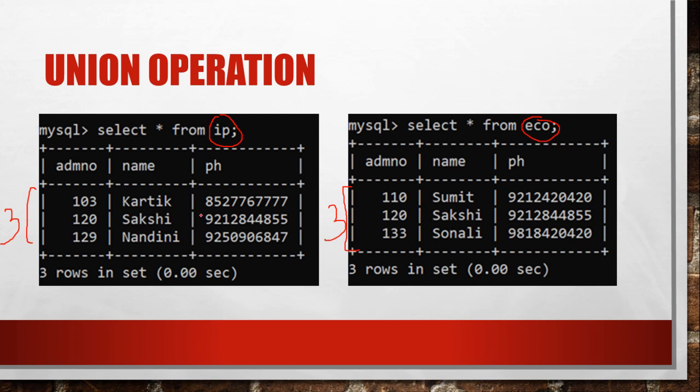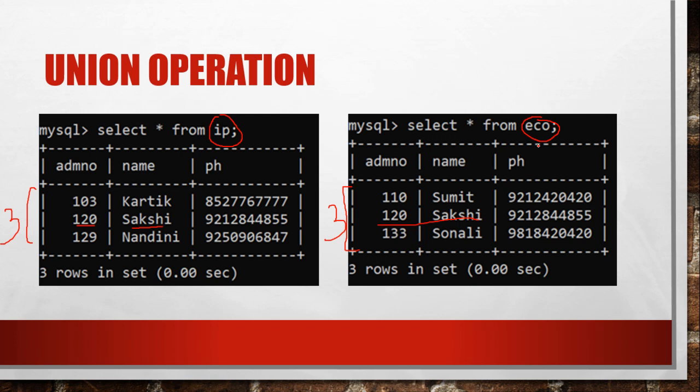Why? Because there is a student named Sakshi whose admission number is 120. She is a student of the IP class as well as the Eco class. So it means a single student is attending both the classes. So she is counted twice, which ultimately gives us the wrong figure, right?